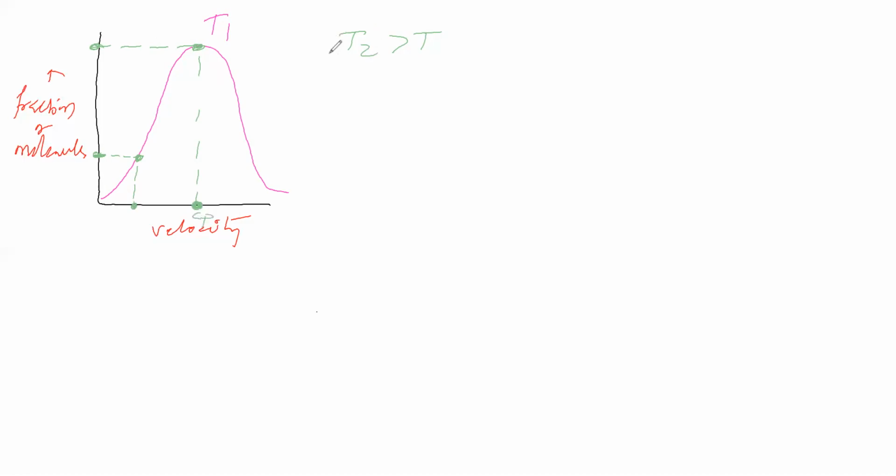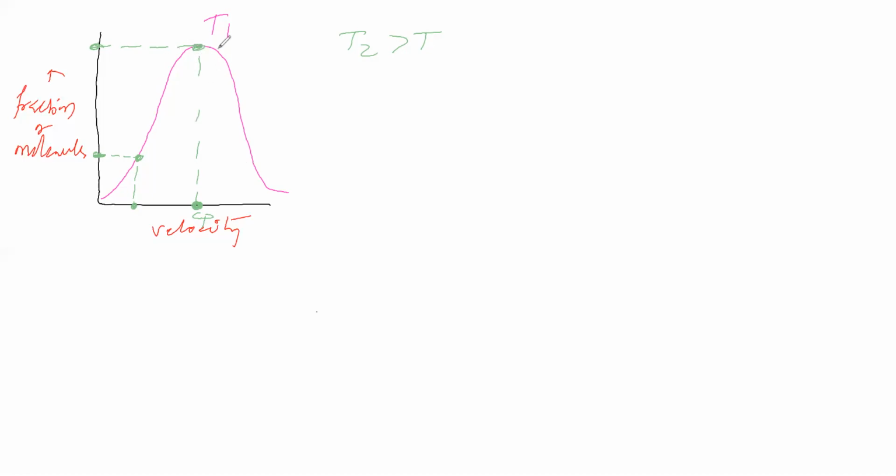When the temperature is T2, the most probable velocity will be high. So the most probable velocity shifts to the right side. Therefore, the corresponding maximum fraction of molecules will shift to the right side, or stay at the same place, or go to the left side. What do you think?